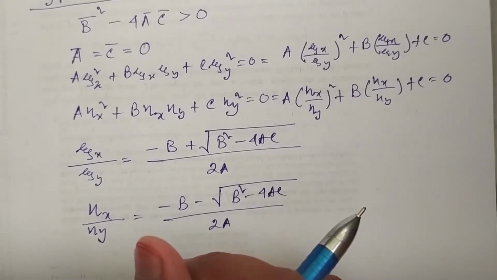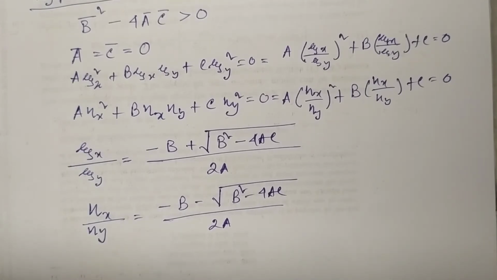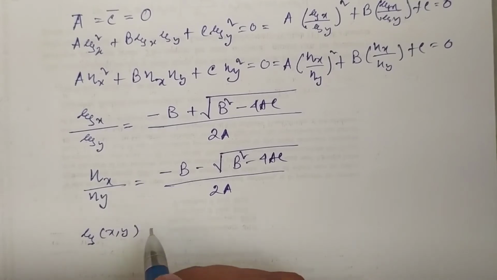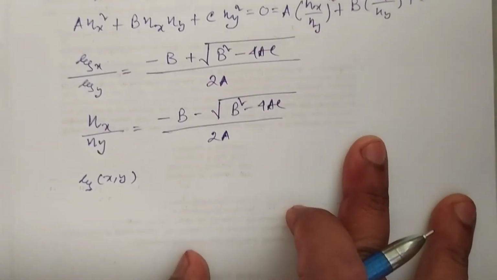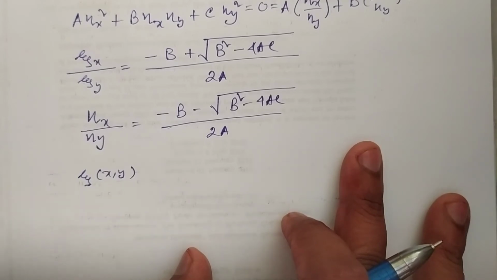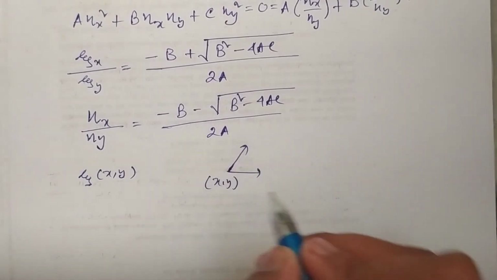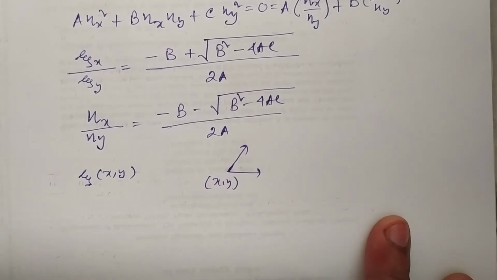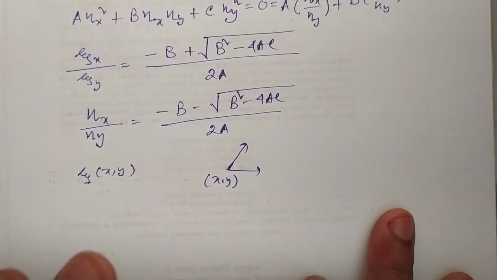Actually, b squared greater than 4ac implies that the slopes of the curves, xi and eta, should be constant and real. So if b squared is greater than 4ac, then at any point xy there exist two real directions, given by the two roots of the equation, along which we are transforming the PDE into its canonical form.